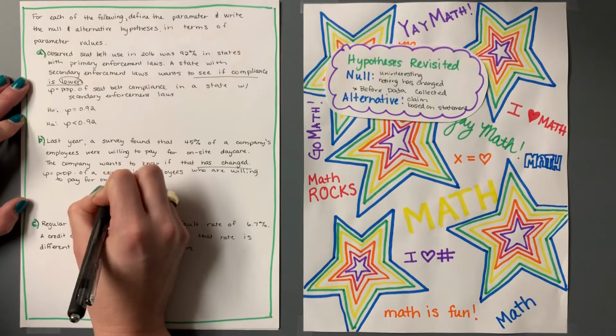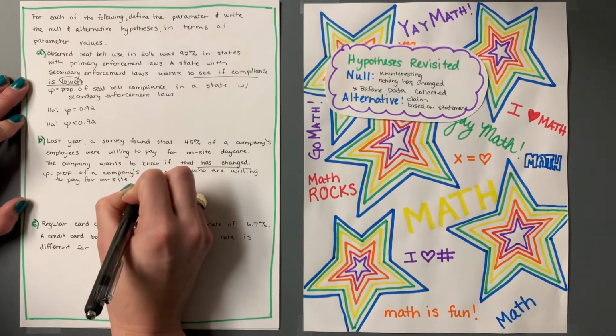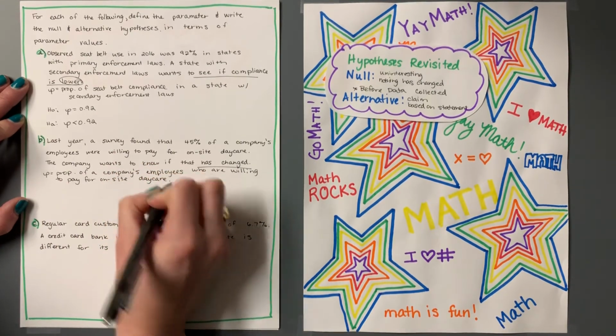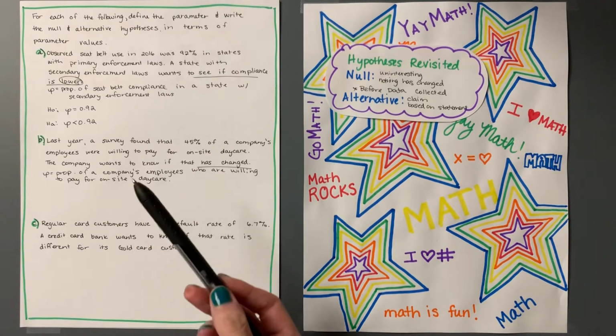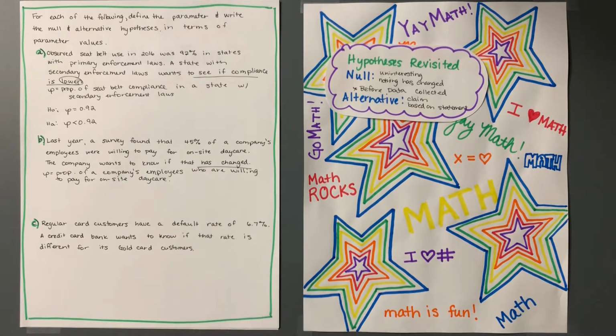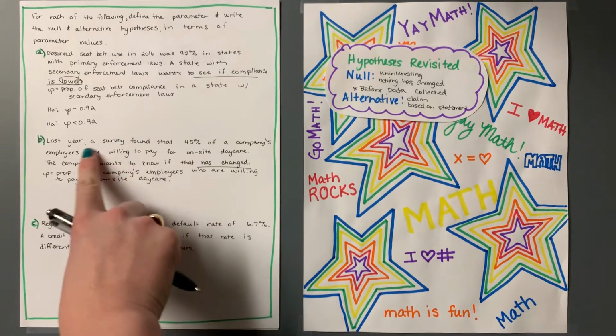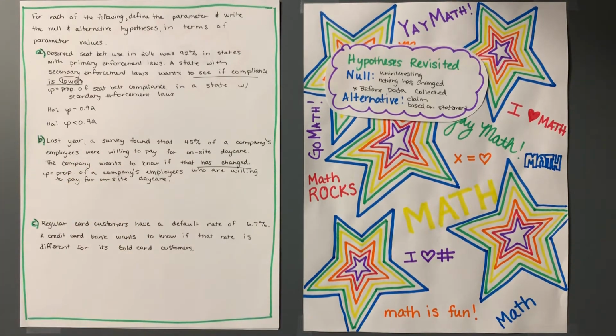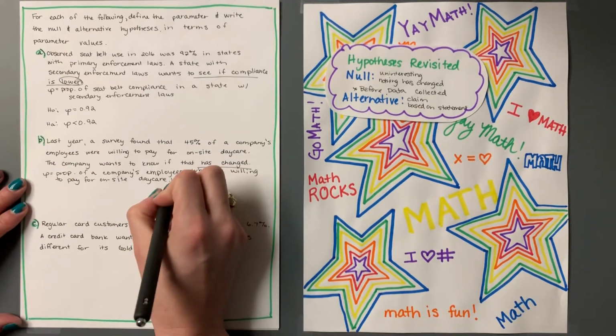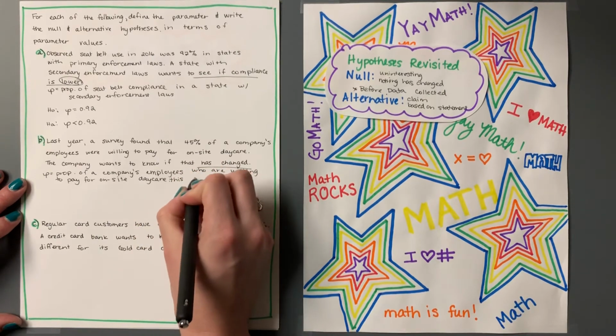We want to be specific and complete in this. We want to make it clear what our proportion is. I know what it was last year. I'm interested in understanding if it's the same this year. So I'm going to add the words this year.